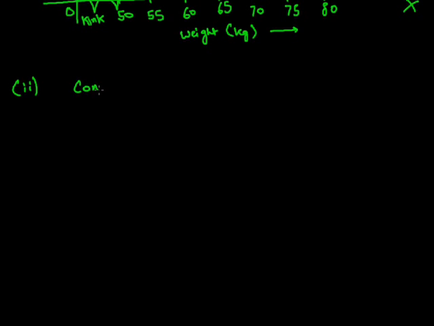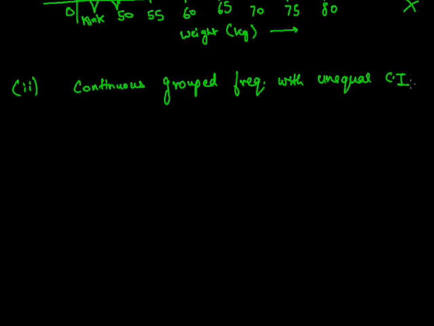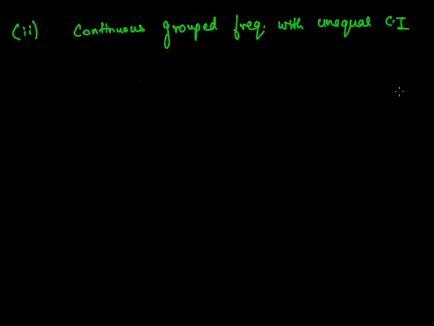So we'll see how to plot the histogram in that case, a continuous grouped frequency distribution with unequal class intervals. Continuous group frequency is given, but with unequal class intervals. If the class intervals are different, then the widths of the bars are different.